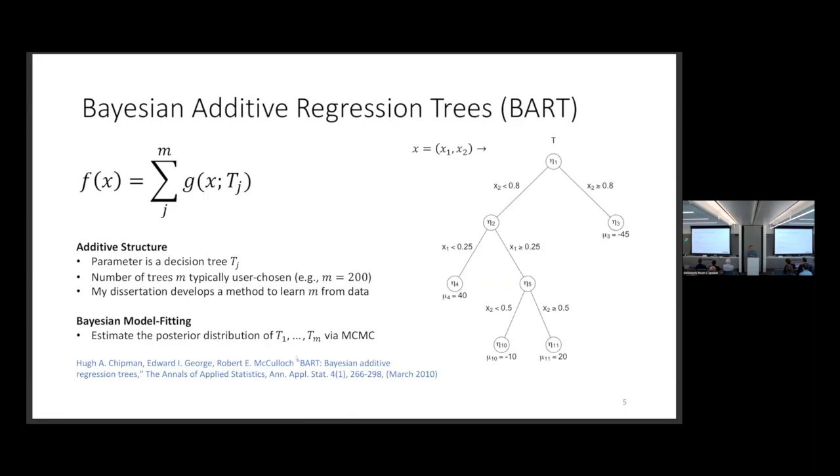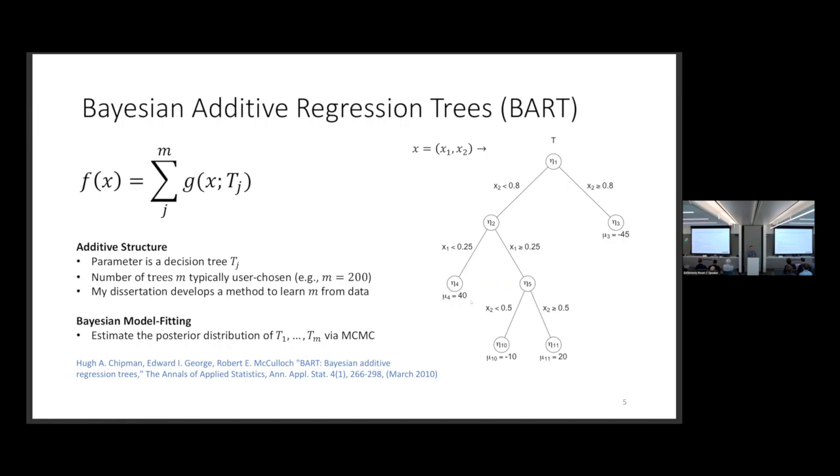All right, so here's one example of Bayesian nonlinear regression, and it's maybe the most commonly known example that fits into this framework. This is the Bayesian additive regression trees, or BART model. Each parameter here is a decision tree. For a single tree, you plug your input into the tree and follow these rules until you reach a bottom node of the tree.